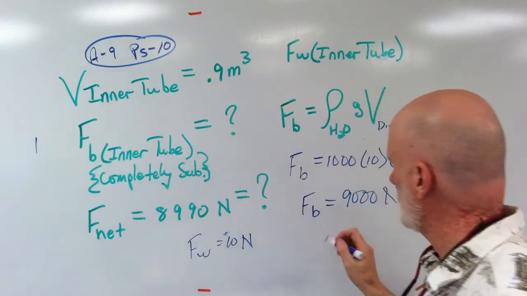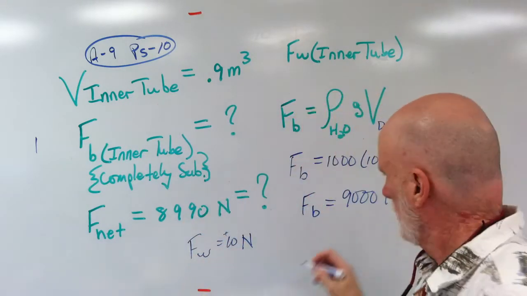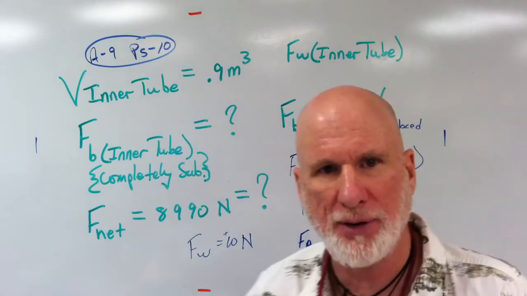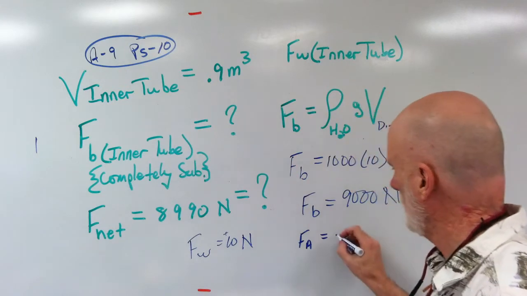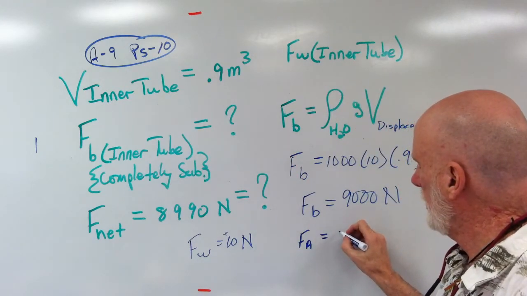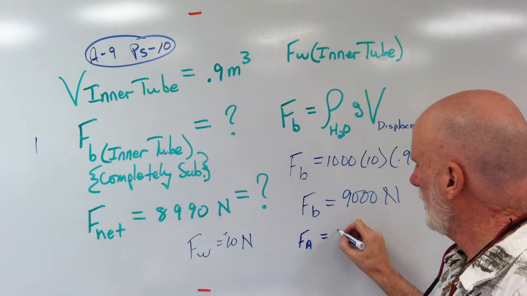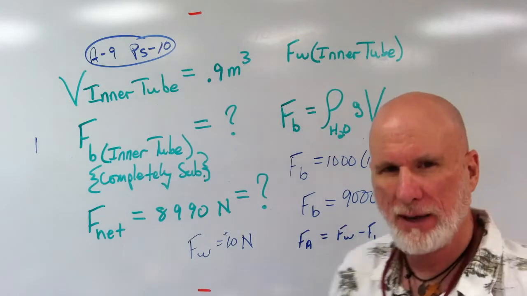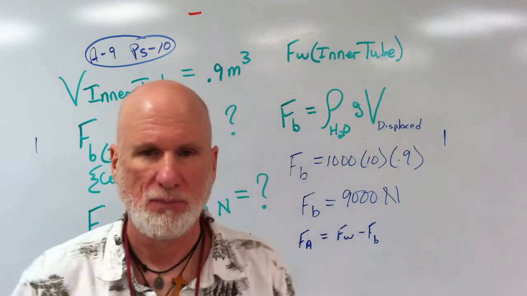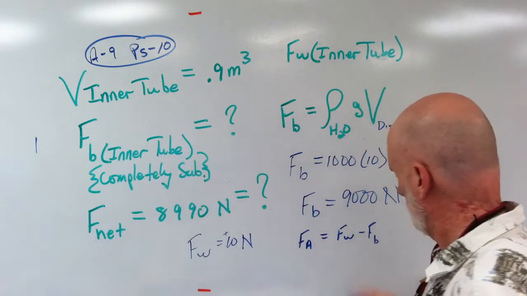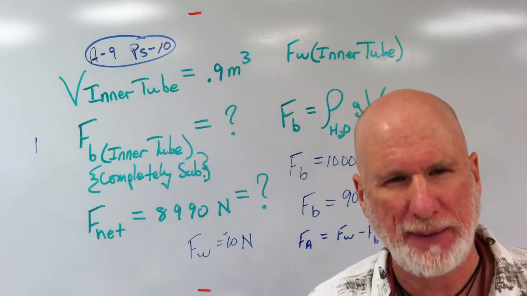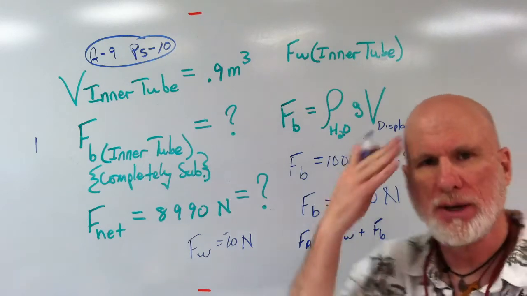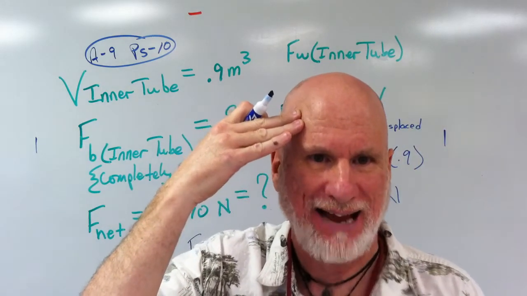So in other words, the apparent weight equals the weight minus the buoyant force. Or, well, if you're talking about net, it would actually be plus, knowing that you put the negative sign in afterwards.